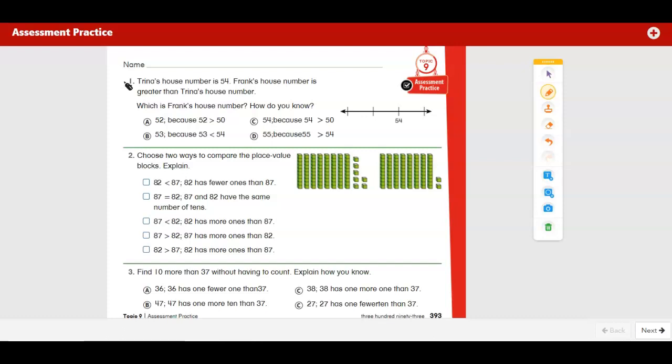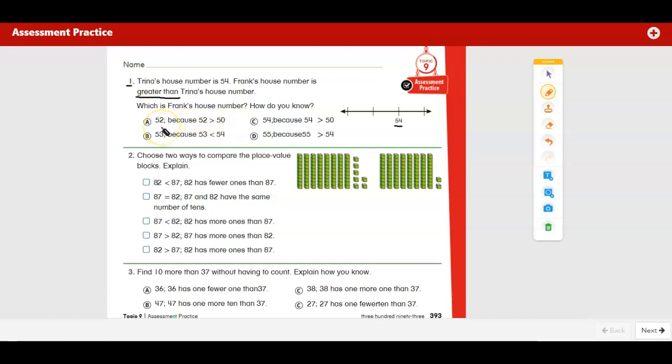How do you know? On number 1, it has the number line that shows us Trina's house number is 54. It says that Frank's house number is greater than Trina's. So look at the choices here below and fill in which one is true.